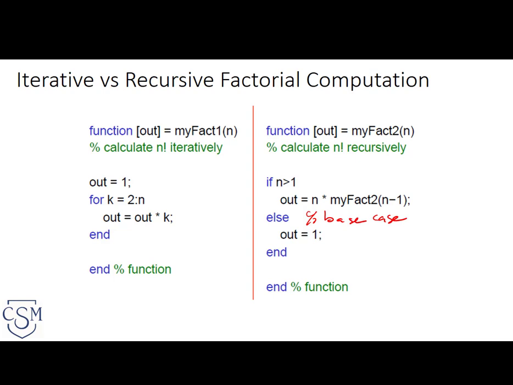It could be on the bottom. And it needs to have a base case output. But if it's not the base case, it will call itself, my factorial 2, recursively. Remember, this is like n times n minus 1 factorial. So let's take a look at this code in MATLAB to see how it would execute.